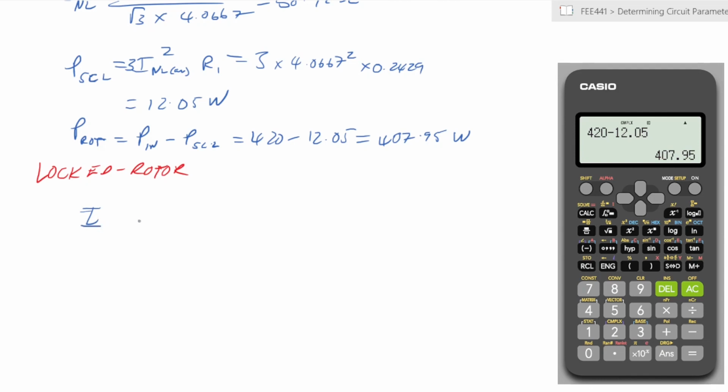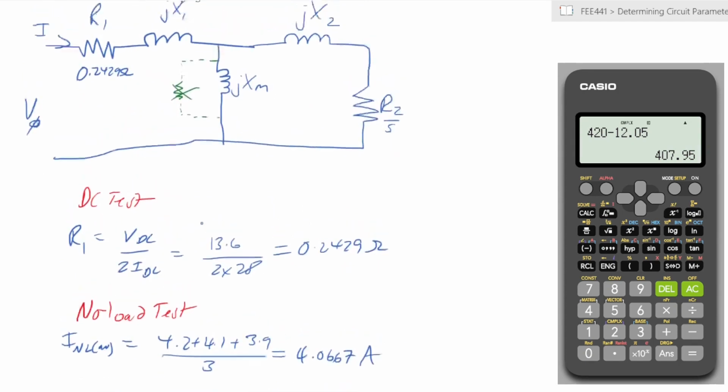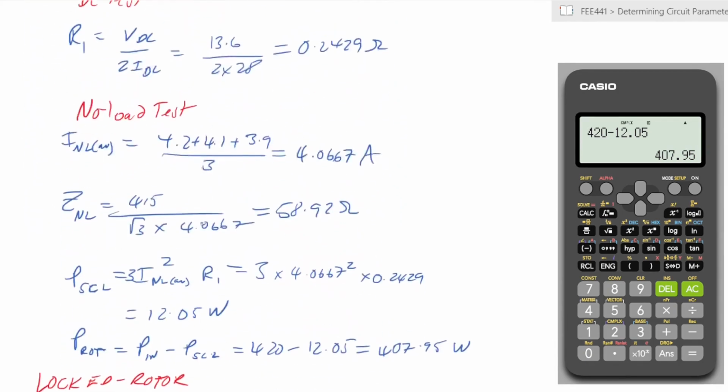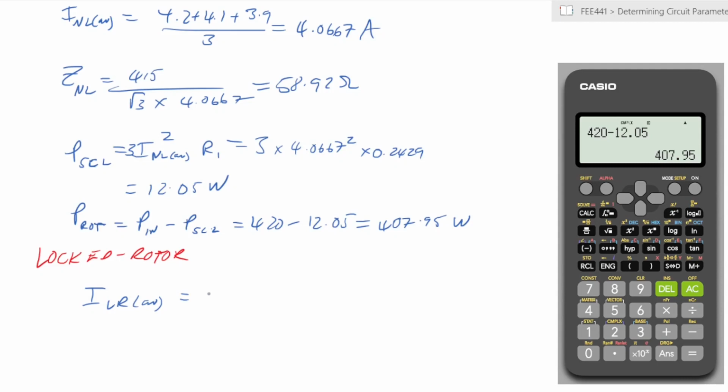So our current for locked rotor as an average is 14.1, 14, and 13.6. Average is, divided by 3, 13.9 amps.